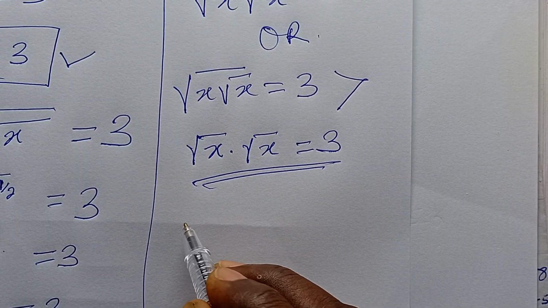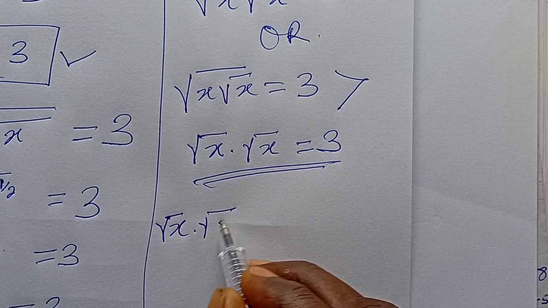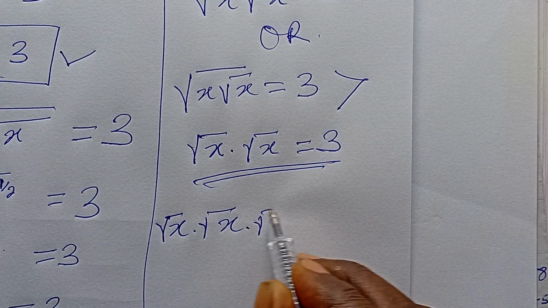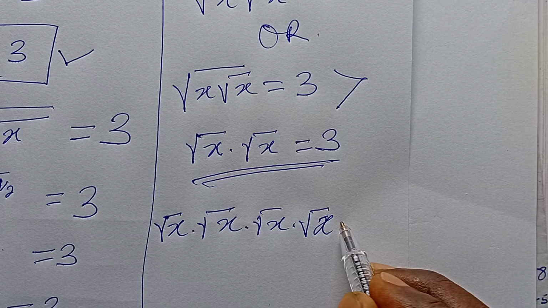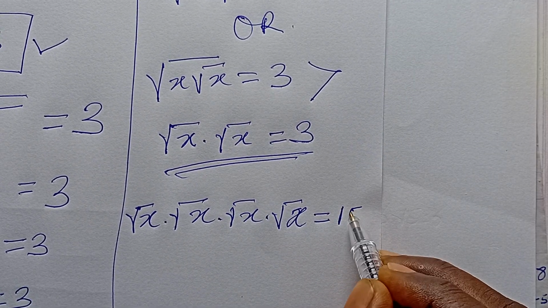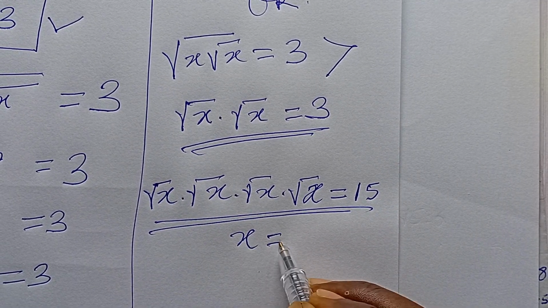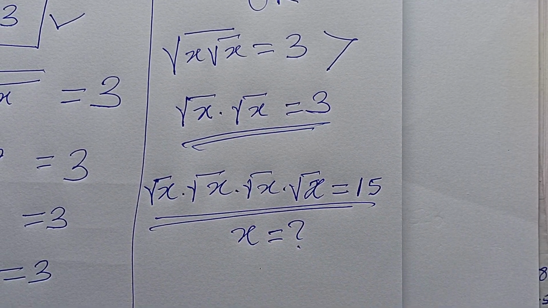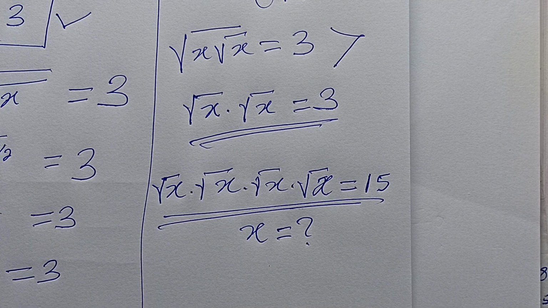We have the square root of x times the square root of x times the square root of x times the square root of x, everything equal to, let's take this to be 15. All right. So how do you solve for the value of x? We are asked to look for x in here. Solve yours and drop the answer to your x in the comment section.